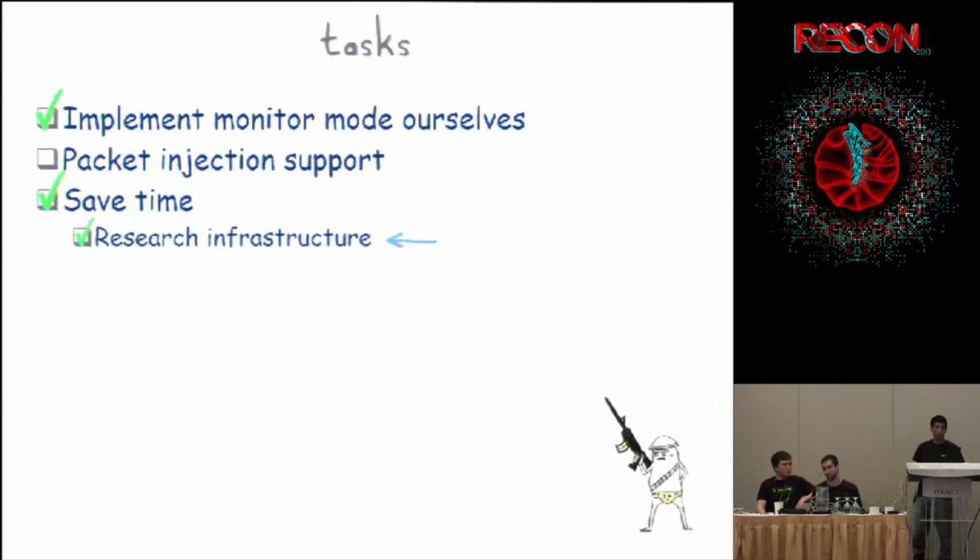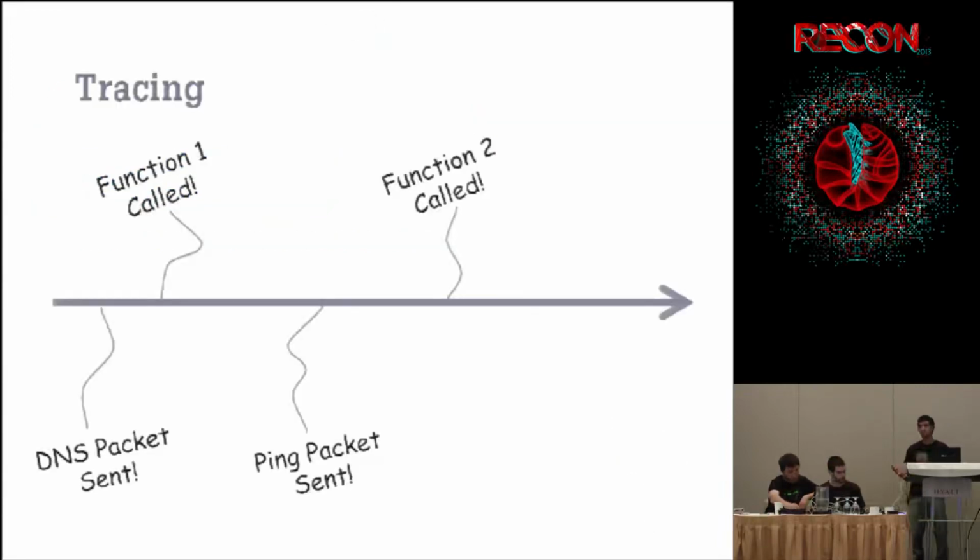Well, basically, when we asked ourselves how can we find how to inject packets as fast as possible, the best answer we could give ourselves was that we want to send packets up into the air using the normal method and see what functions get called. And if we have all those events on a single timeline, we can send a bunch of packets of different types and see what function gets called after every packet we send.